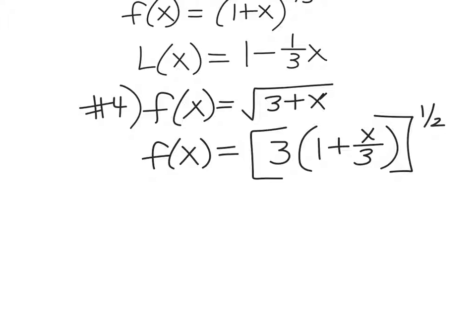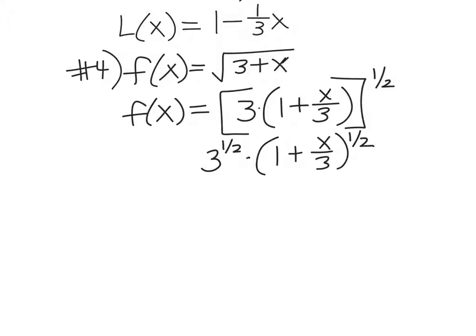I divided x by 3 and got x over 3. Now, because this is multiply, you can put the 1/2 on the 3, so 3 to the 1/2, and you can put the 1/2 on this, so 1 plus x over 3 to the 1/2.